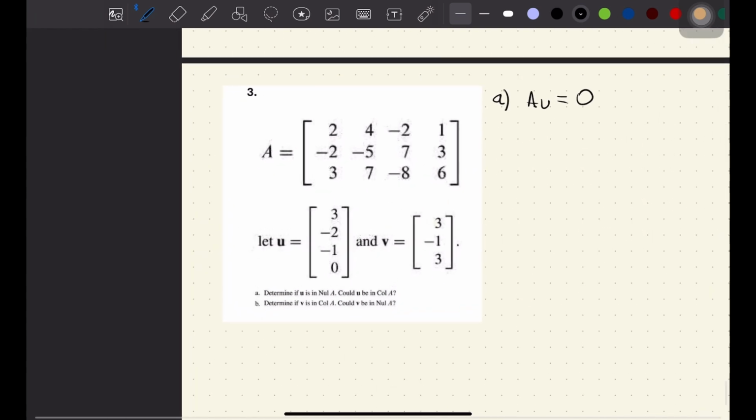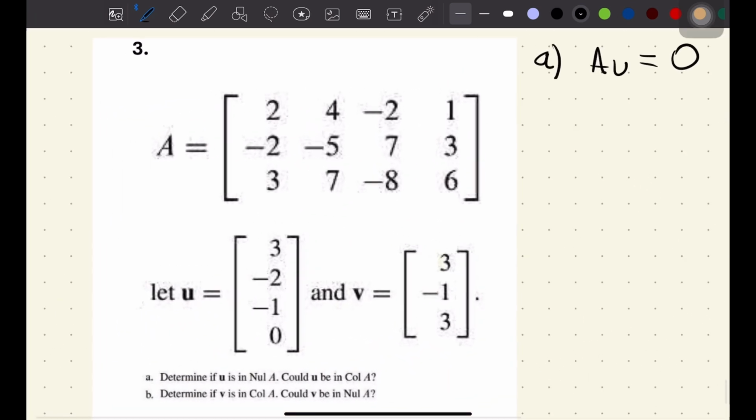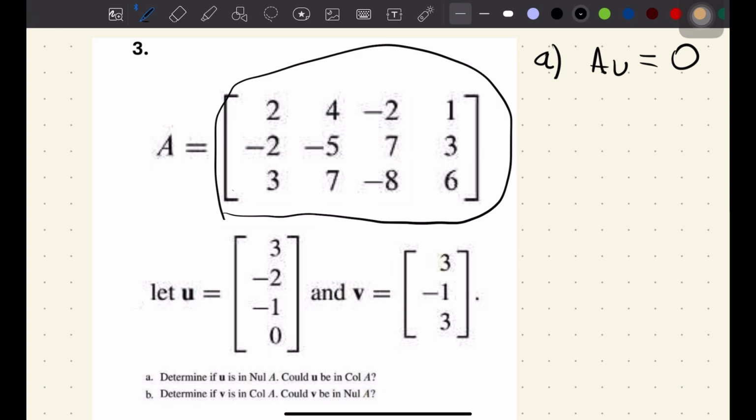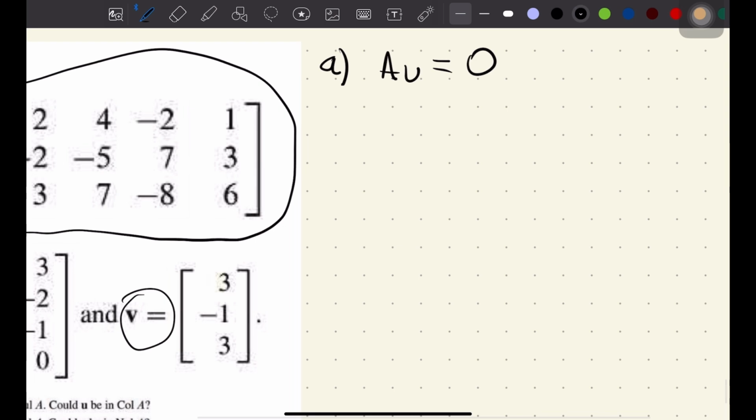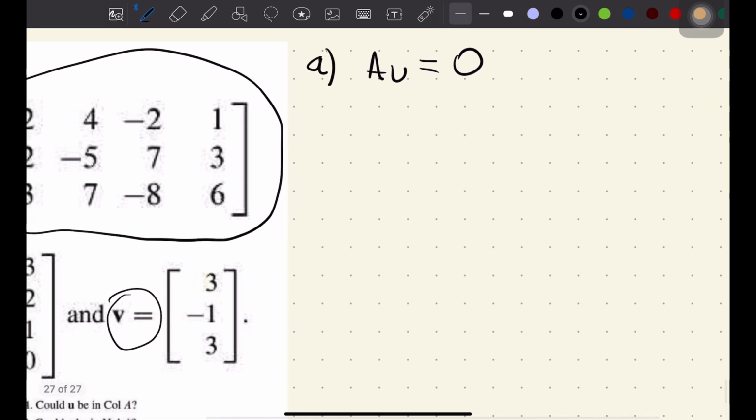So Au equals 0. We have both vectors here: we have A, we have u, and we have b. So for question A, I went ahead and solved it. Let me set it up and then just go straight to the answer.